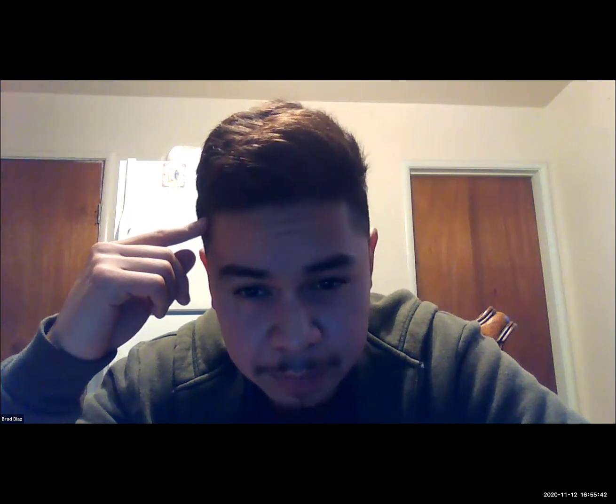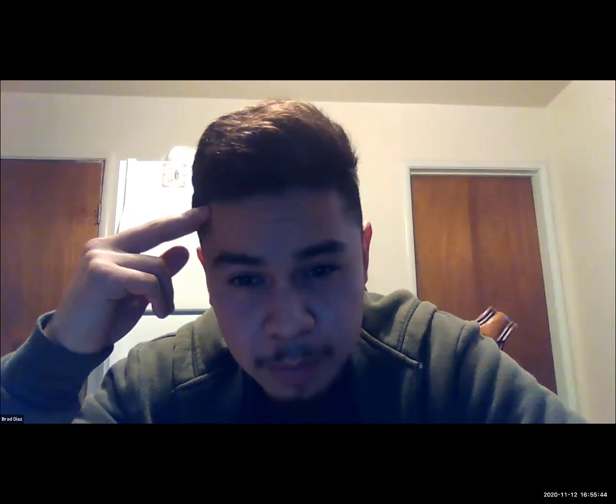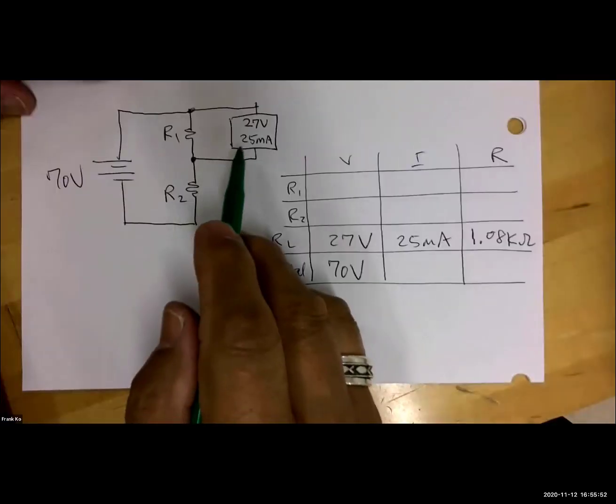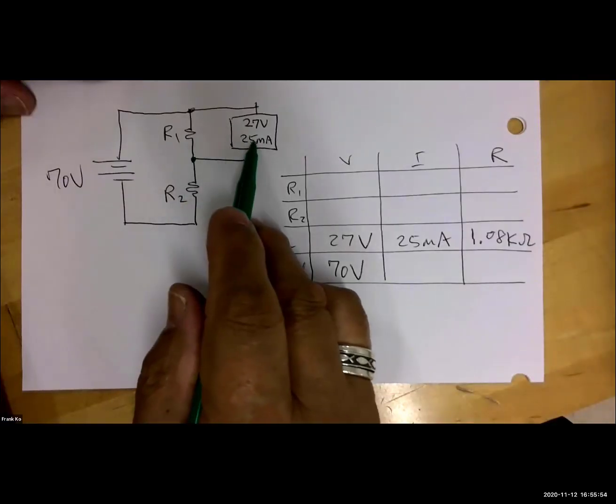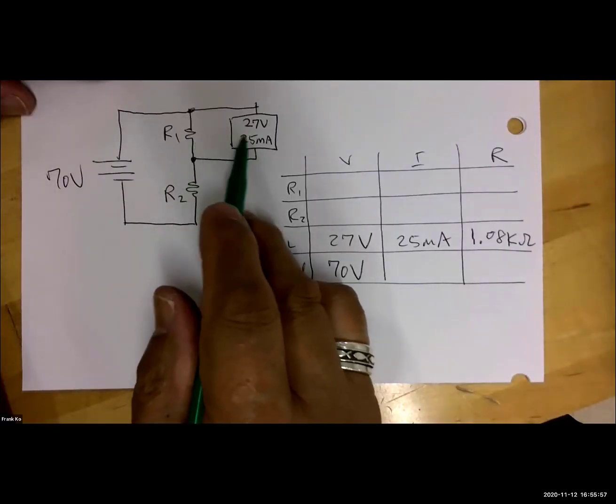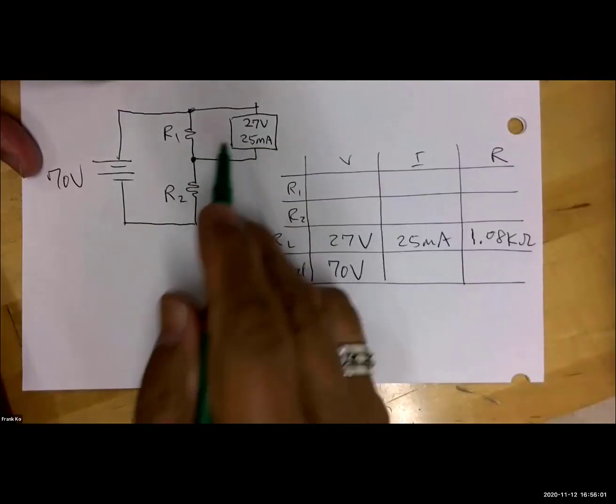The milliamps for the RL will be the same for R1. Why would the current be the same? No, I'm sorry, not the current, the voltage. And why would the voltage be the same?